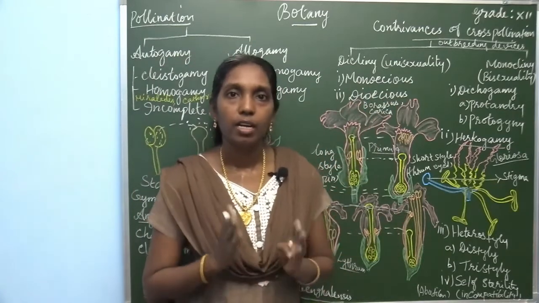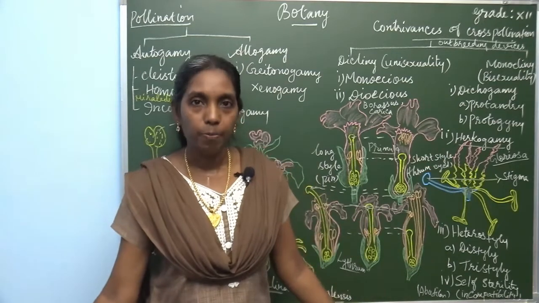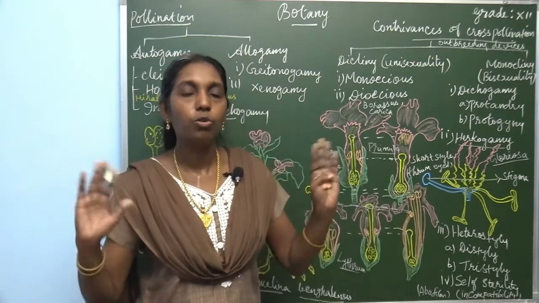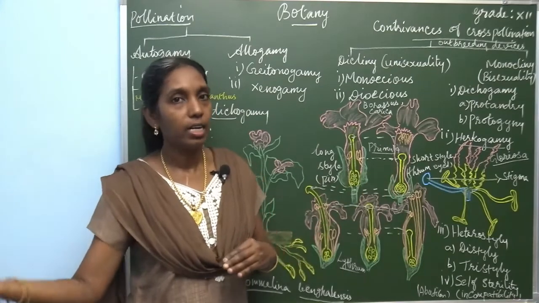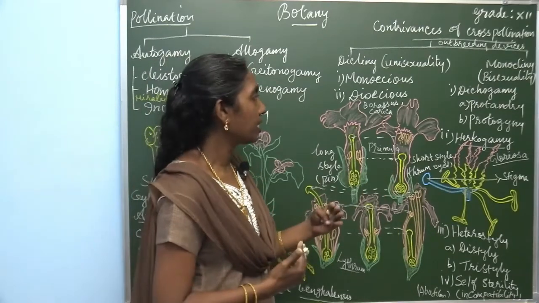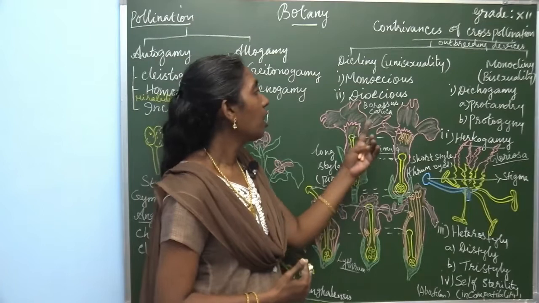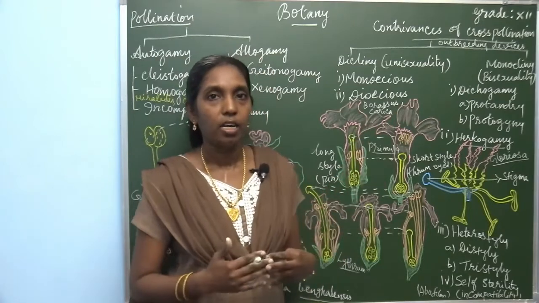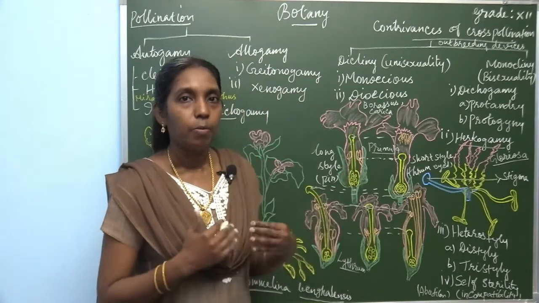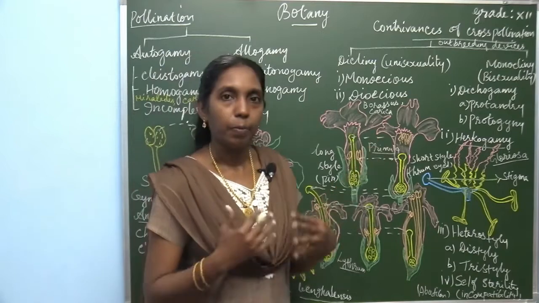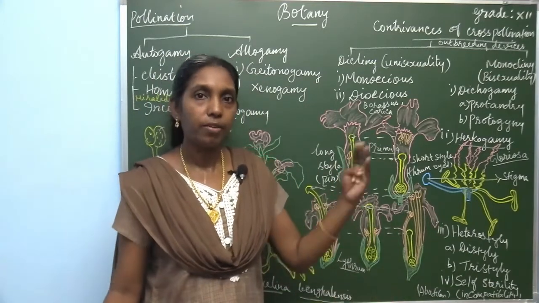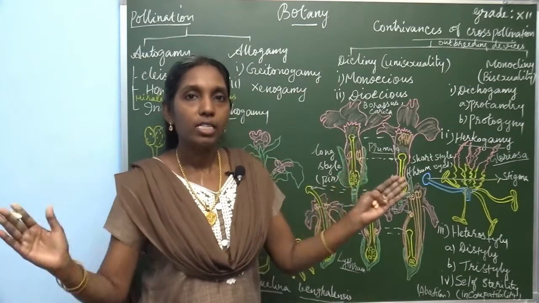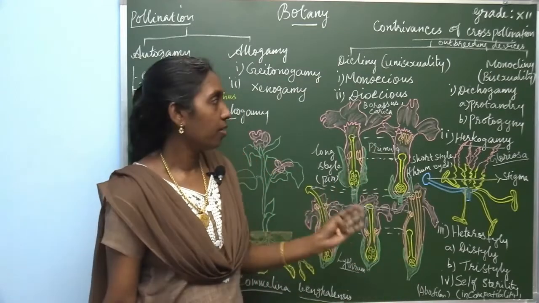Dioecious: two different plants produce two different types of flowers, male on one plant and female on another. Very common examples are Borassus and Carica. Borassus, the palm, and Carica, papaya, where we find two different plants: the male plant separate, the female plant separate, with flowers produced on different plants.